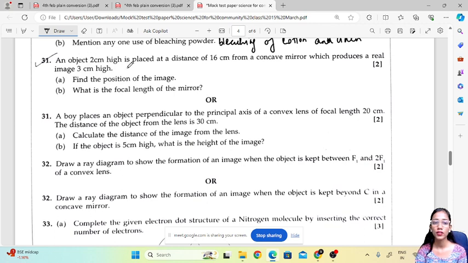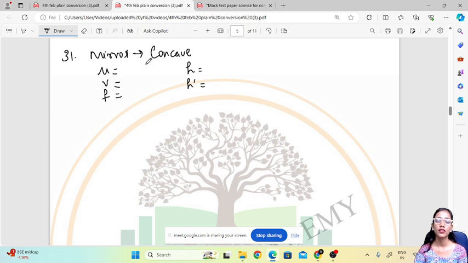An object 2 cm high is placed at a distance of 16 cm. So the object distance is minus 16 cm. Now why minus? Because object distances are always on the left, right? Left is negative, right is positive. Below is negative and top is positive. This you have to remember.